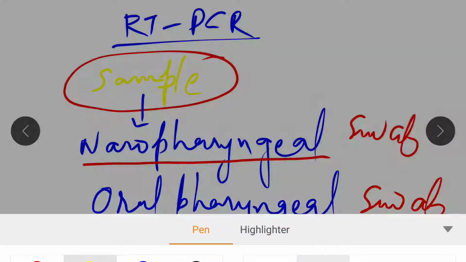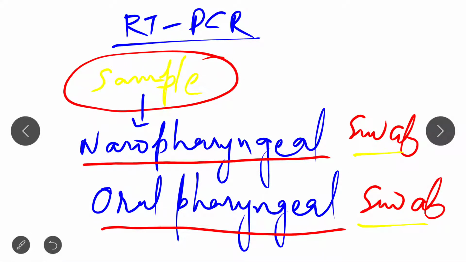In this way, using the nasopharyngeal swab and the oral pharyngeal swab, we collect the sample.